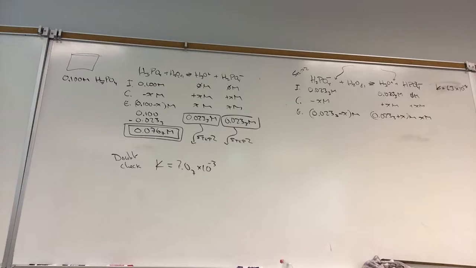Okay, so let's justify that. We'll look at the percent change. The percent change is going to be 6.3 times 10 to the minus 8 divided by 0.0233 times 100%. And that's going to be really big.